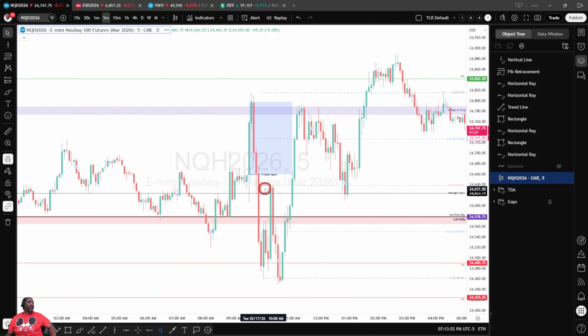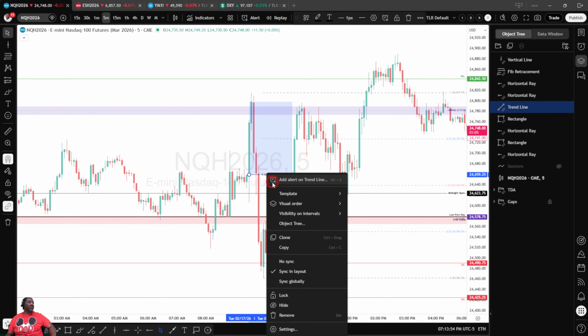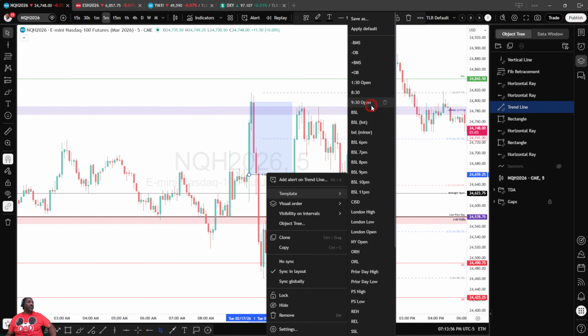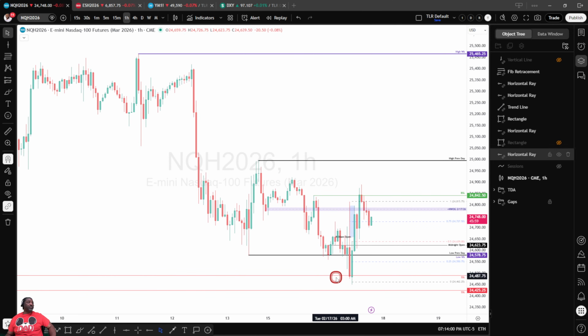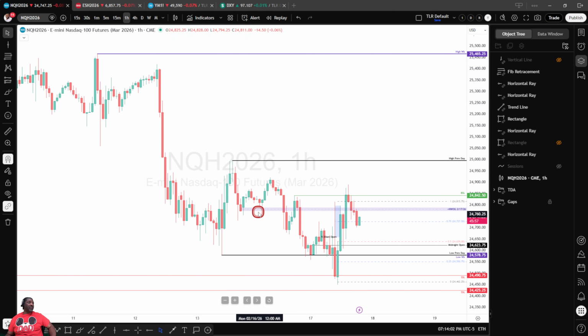So as we see here, let's put this all on. Looking at a 60-minute chart here. This is when price opened up Sunday night, and we traded up, made a high during London, right?